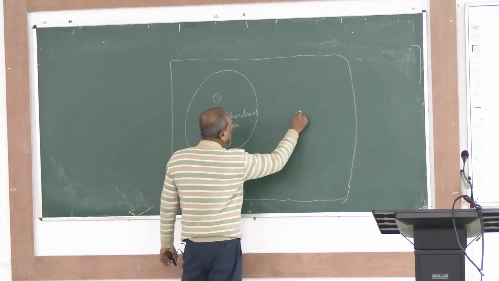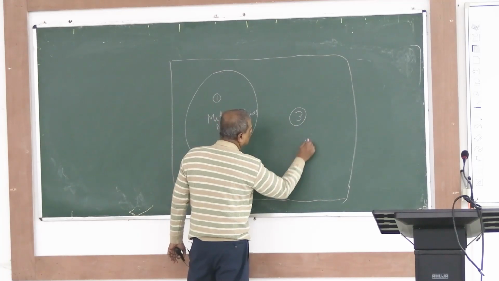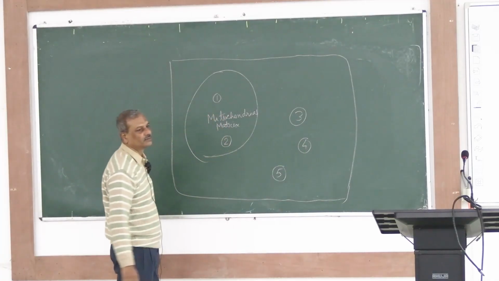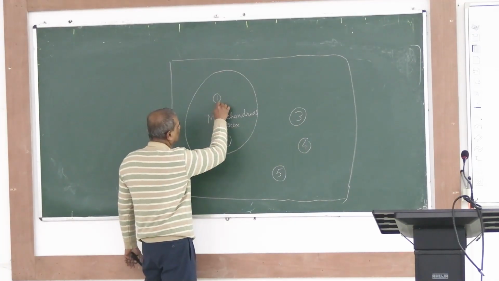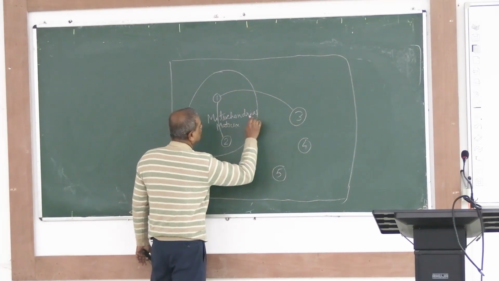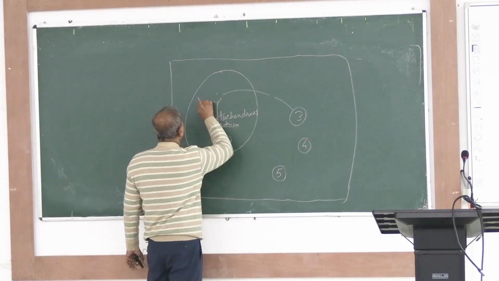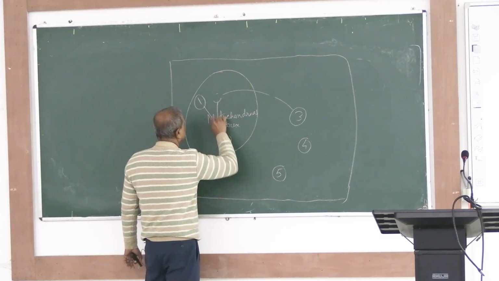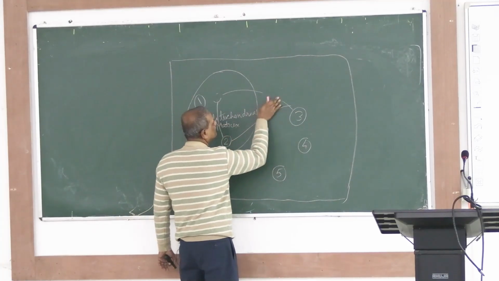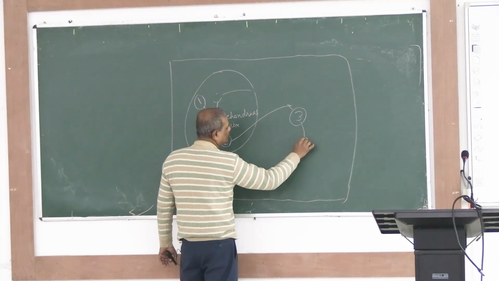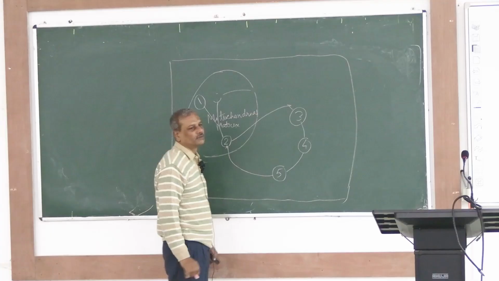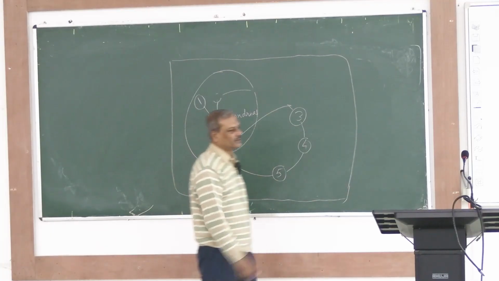Now the third, fourth, and fifth occur in the cytosol. The reaction is like this: 1, 2, then 3, then 4, and 5, and this 5 again participates into 2. Now I will tell you in detail.